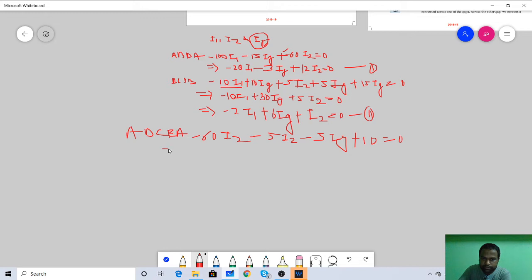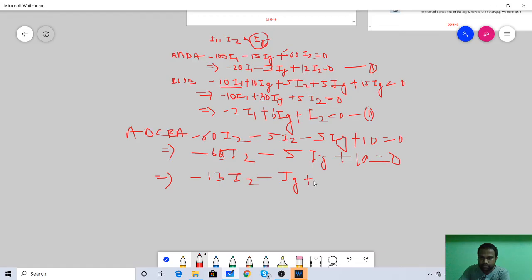Here 60 I2 minus 5 I2 is minus 65 I2, minus 5 Iz, plus 10 is equal to 0, or you can say this is minus 13 I2 minus Iz plus 2 is equal to 0. So this is the third equation, you can say.